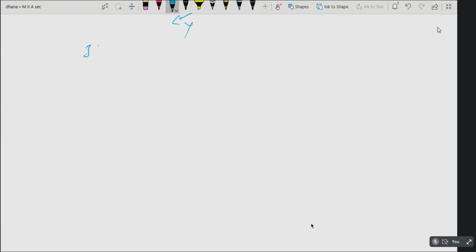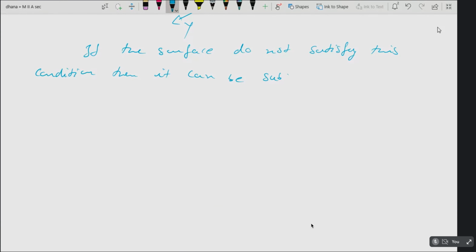Suppose the surface does not satisfy this condition, then it can be subdivided into surfaces which do satisfy this condition.